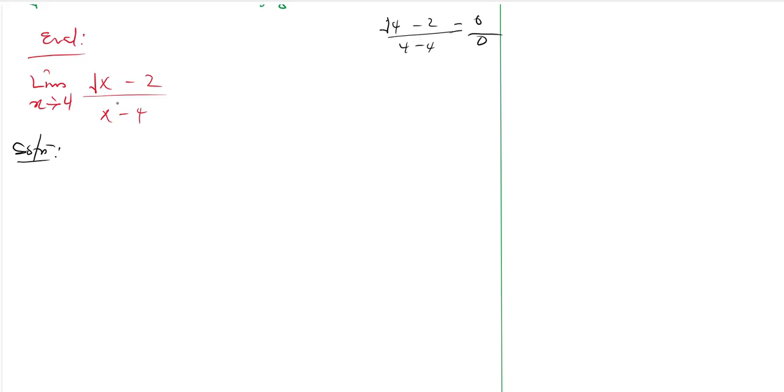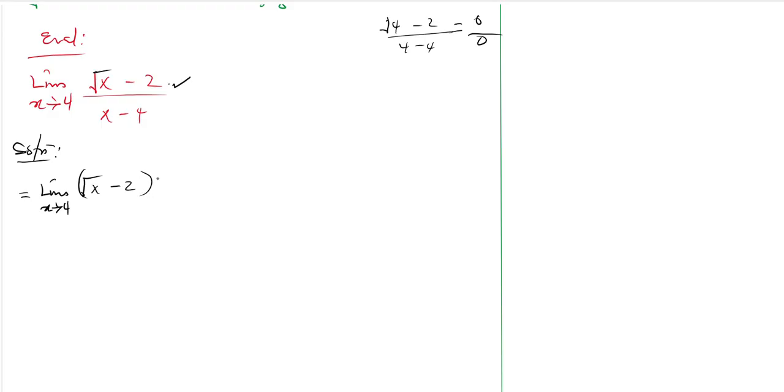So we have to use the conjugate, and we can find that the numerator is in binomial form. So we can have the limit as x approaches 4 of root x minus 2 all over x minus 4. So we are multiplying both the top and bottom by the conjugate.